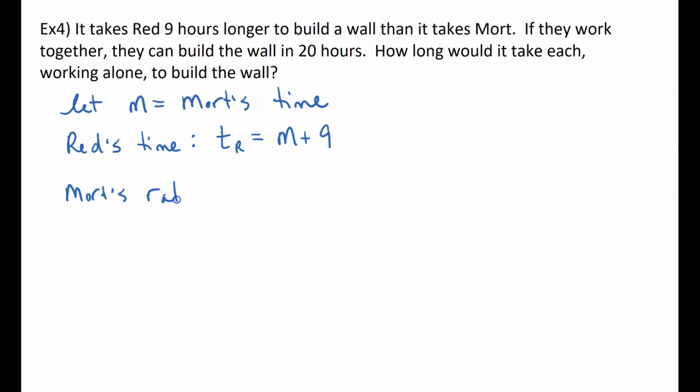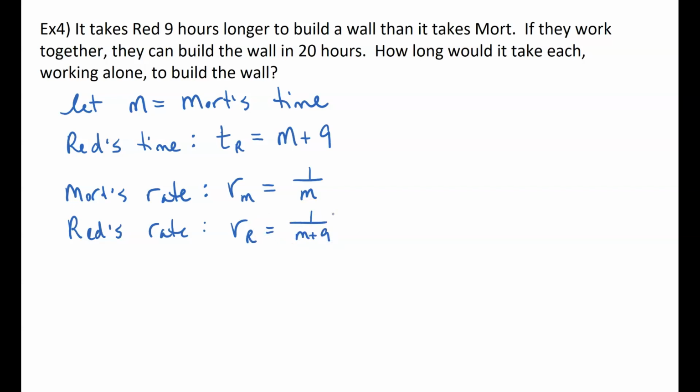Mort's rate would be what? 1 over m. And I'm going to do r sub m. So Mort's rate is 1 over m, which means what is Red's rate? 1 over m plus 9. There we go. So the rate for Red is 1 over m plus 9. Okay.